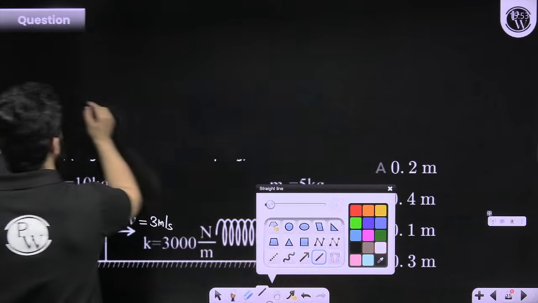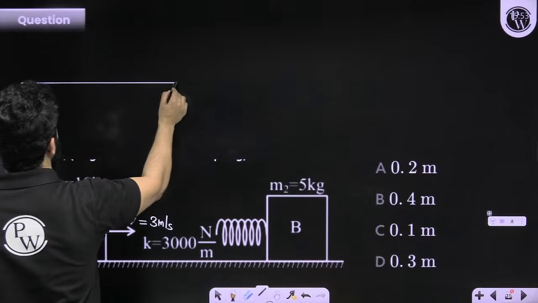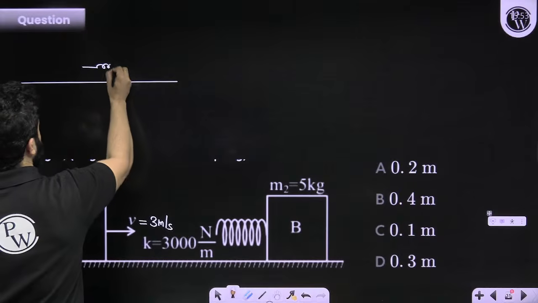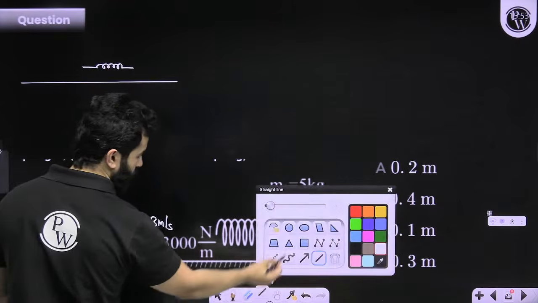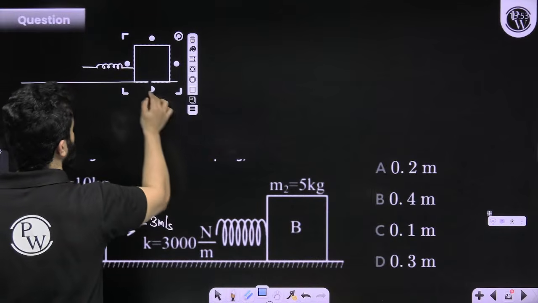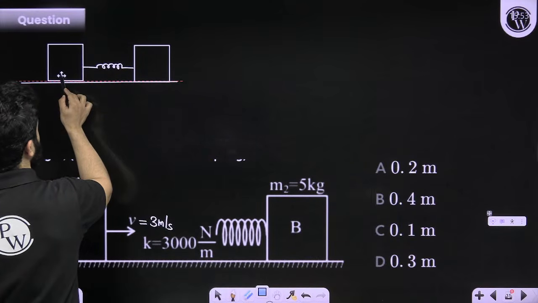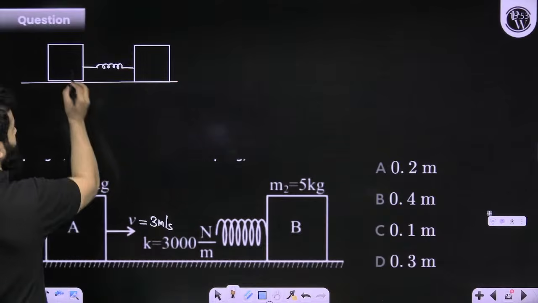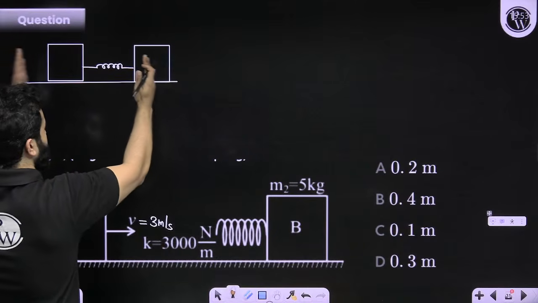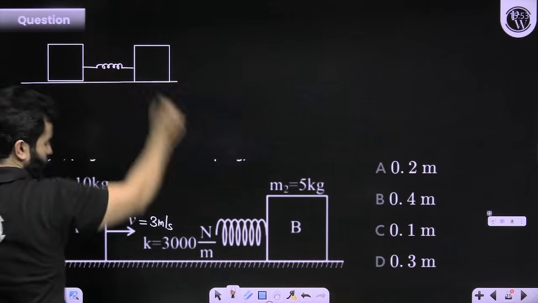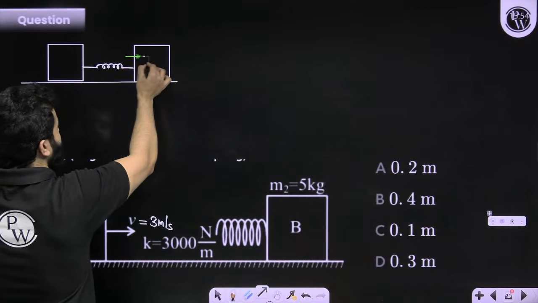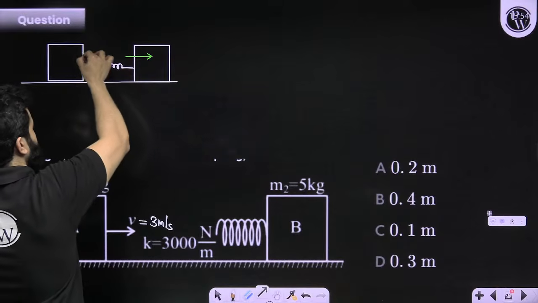There will be a point when something like this will happen. You have got a spring over here and a block, and another block over here, and it will start to compress it. The spring will get compressed and will apply forces along this direction. I am explaining you the mechanism. Spring forces are acting like this.